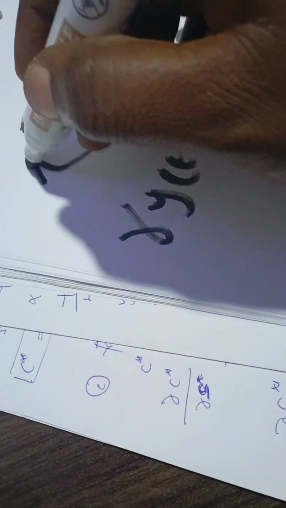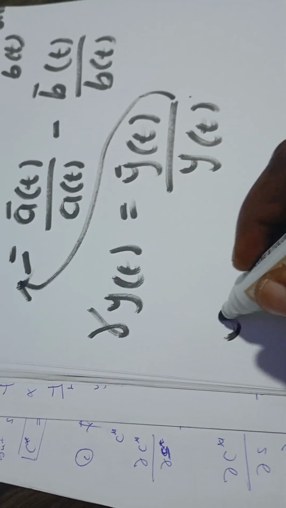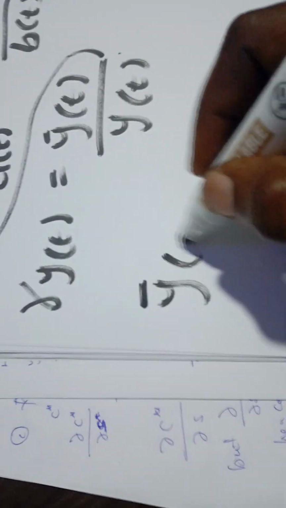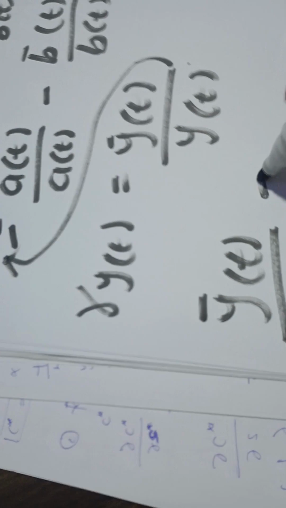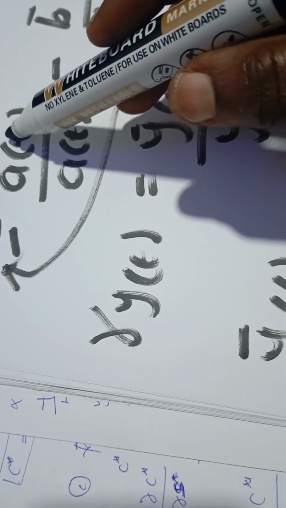But remember, we already defined earlier that the growth rate of y at time t is equal to y hat with respect to time over the initial y that we're having. Now, if we put this back into this, we are going to have that y hat at time t over y is going to be the difference of the growth rates.